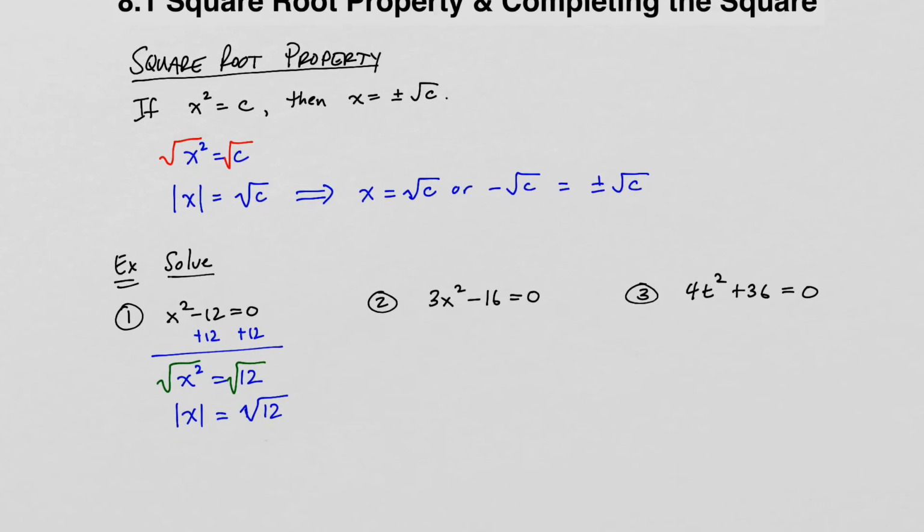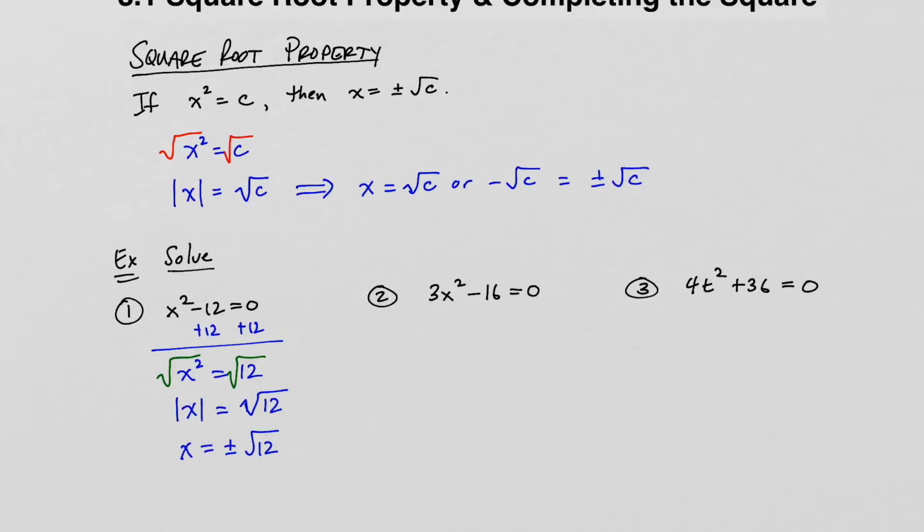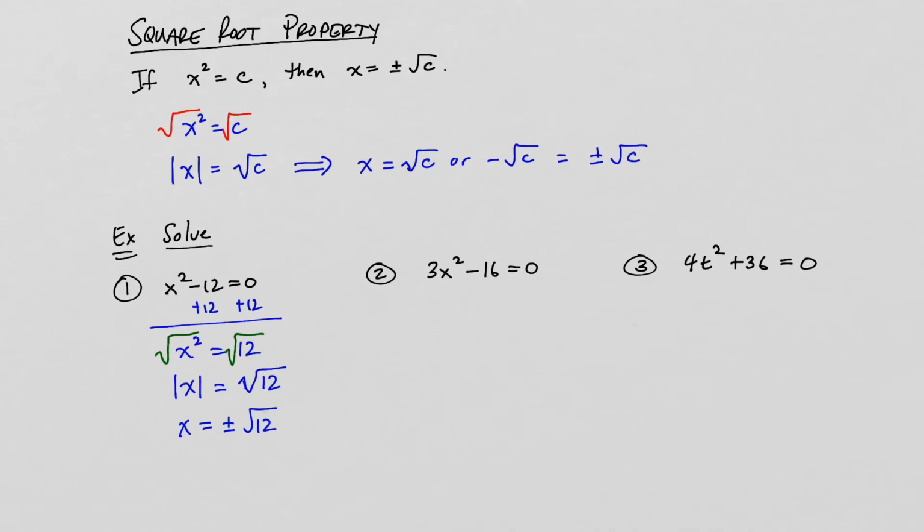And from there, x will be plus or minus the square root of 12. Now, don't forget, this is a radical, and so it should be simplified. And so remember, 12 is 4 times 3, and if we simplify this, we get plus or minus 2 times the square root of 3.